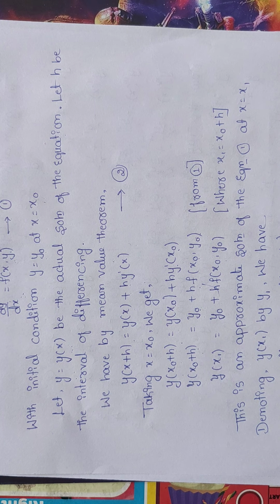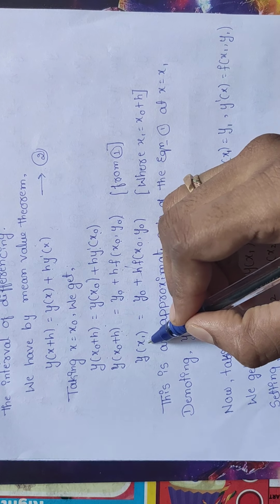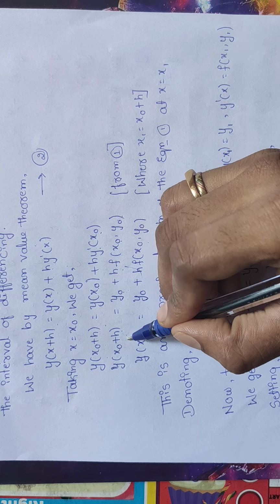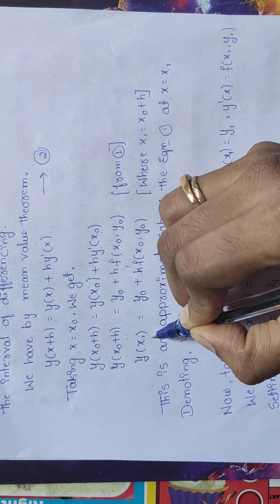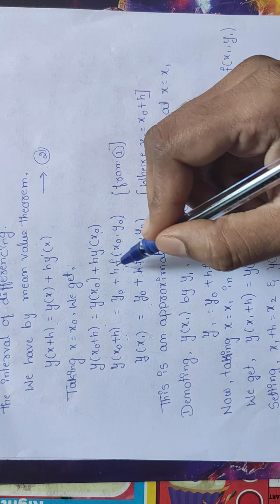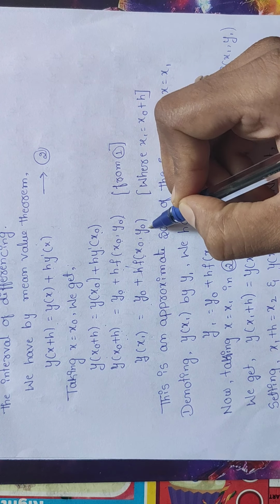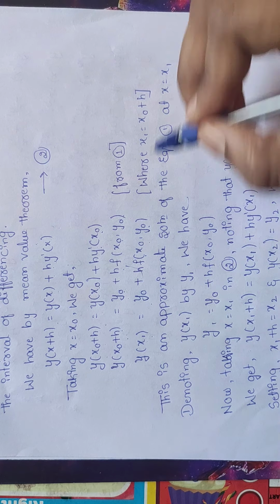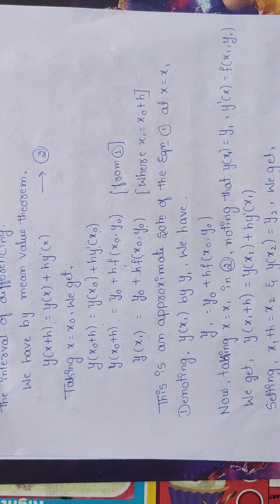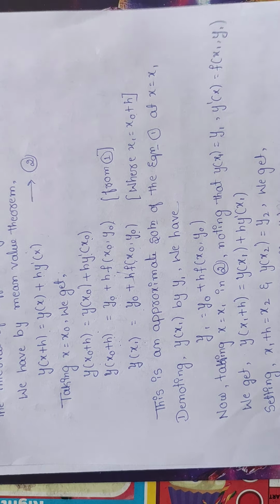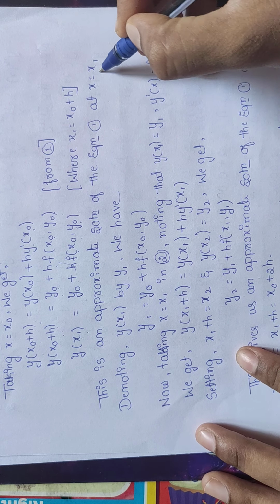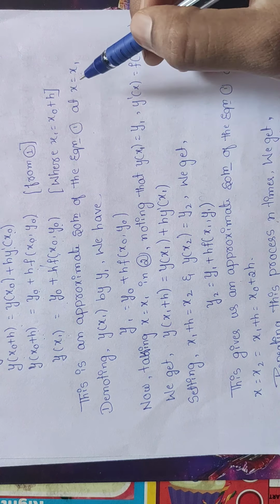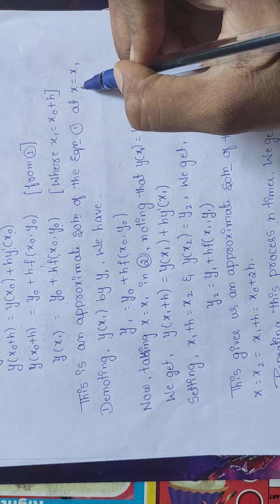We know that x0 + h can be written as x1. So y(x1) = y0 + h f(x0, y0), where x1 = x0 + h. This is an approximate solution of equation 1 at x = x1.